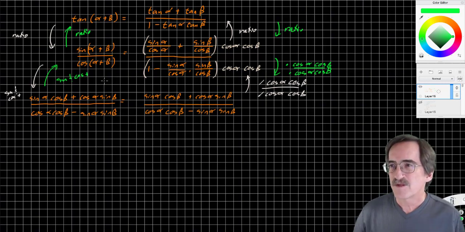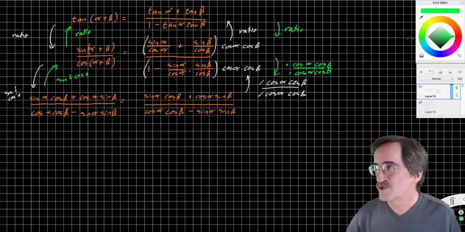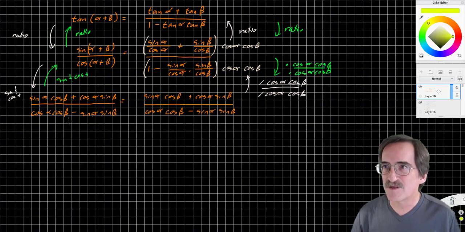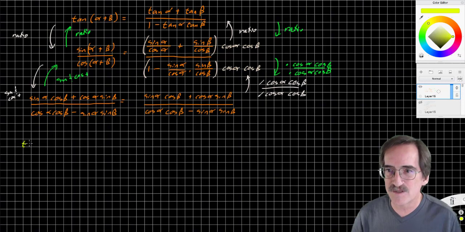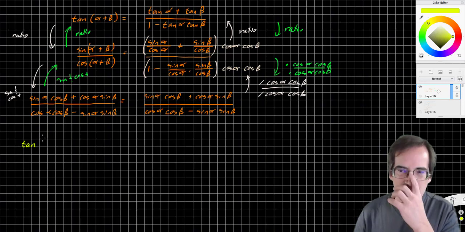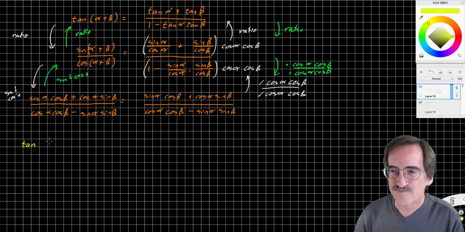All right. So now let's use it. What good is it if we don't use it? Let's find the tangent of pi over 3 plus pi over 4.